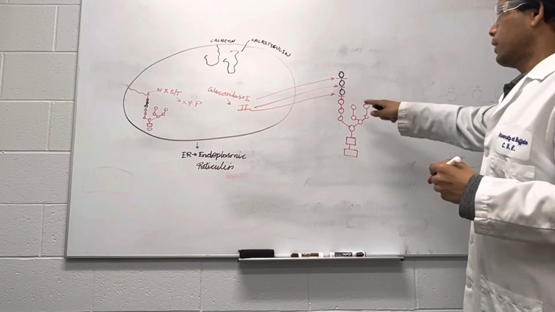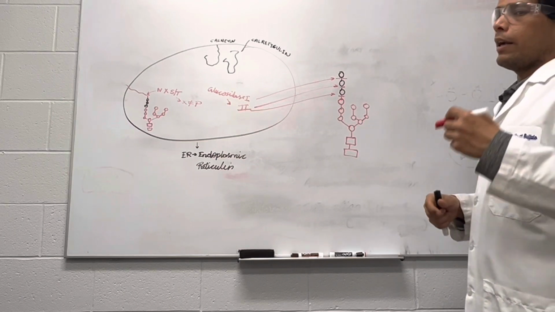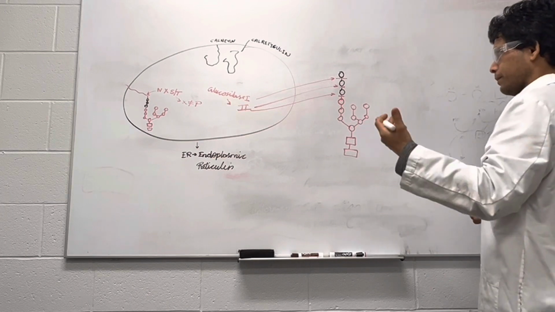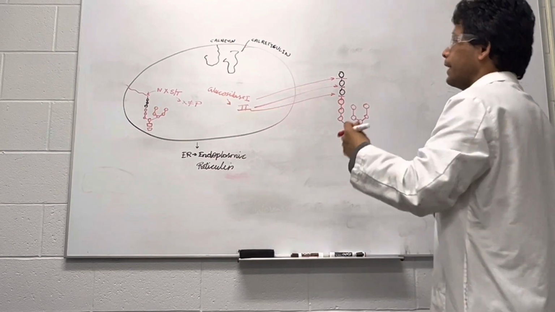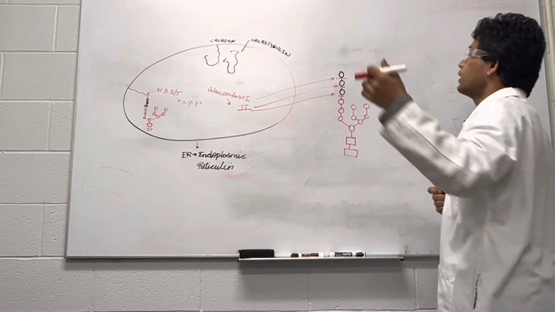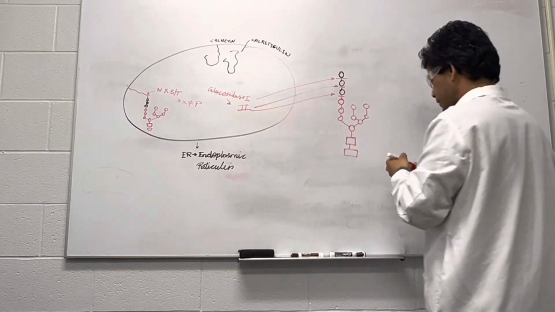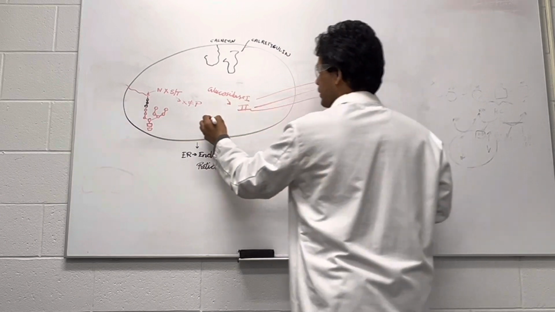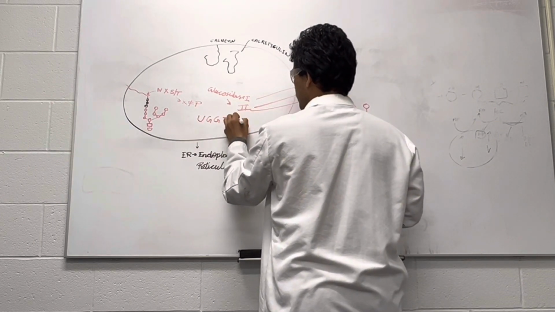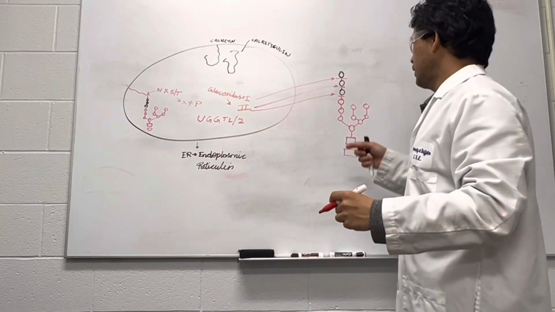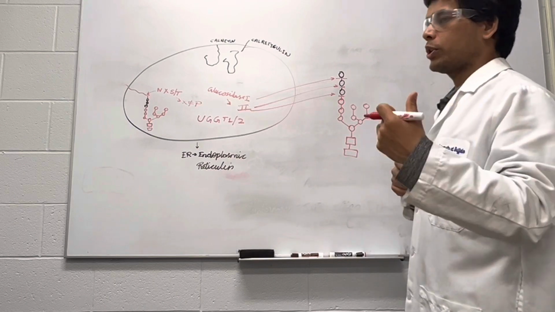This structure is no longer recognized by calnexin and calreticulin, so the protein will get detached from calnexin and calreticulin. Then there is a sensor molecular protein called UGGT1 or 2. It has the capability to analyze whether the protein has acquired the native structure or not.